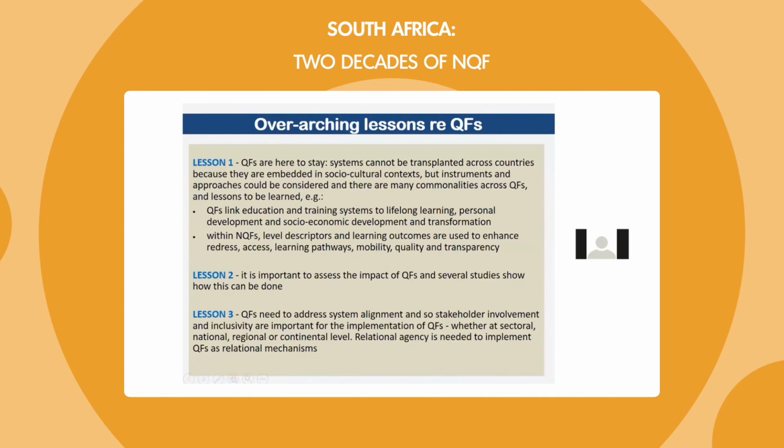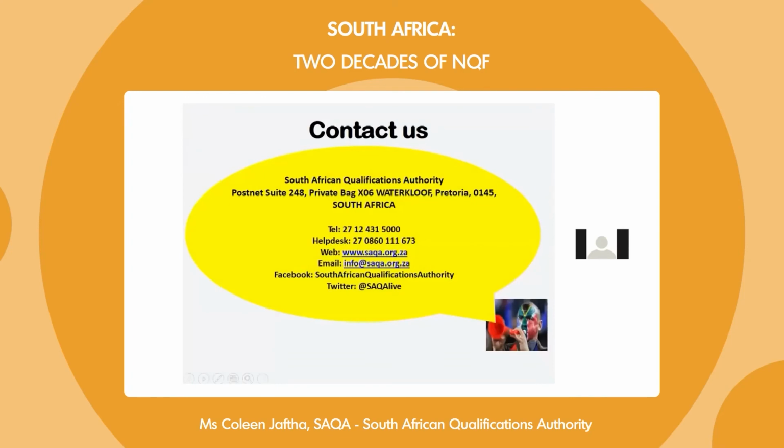Lesson 3 is that qualifications frameworks need to address system alignment, and so stakeholder involvement and inclusivity are important for the implementation of qualifications frameworks. And then we also said relational agency is needed to implement qualifications frameworks as relational mechanisms. I think that's the end of the presentation.